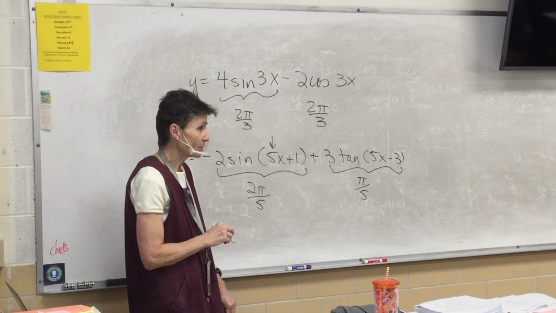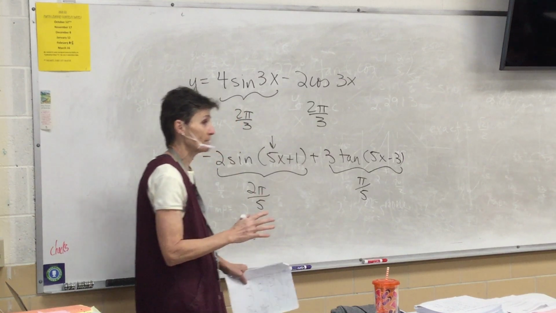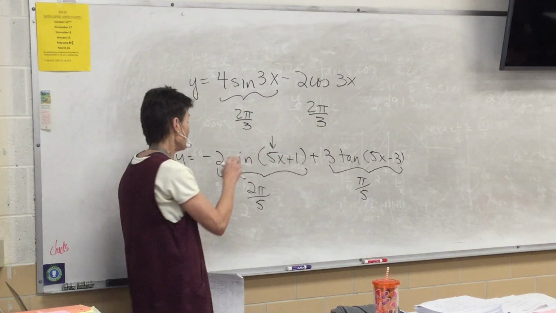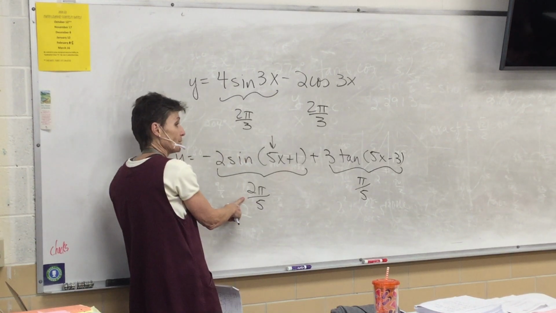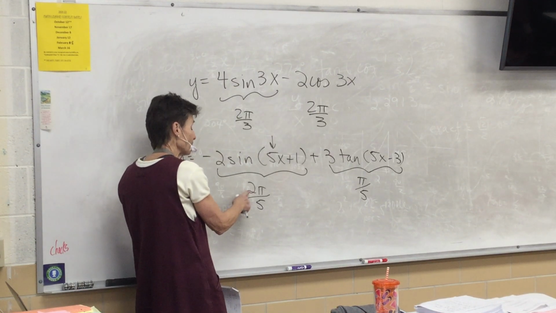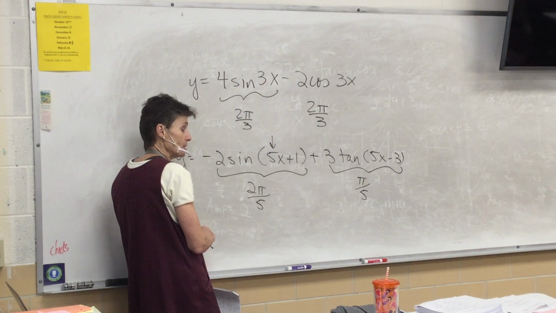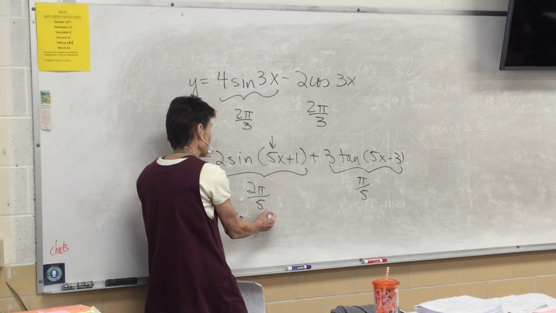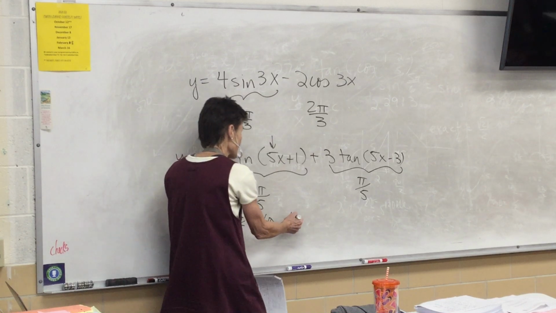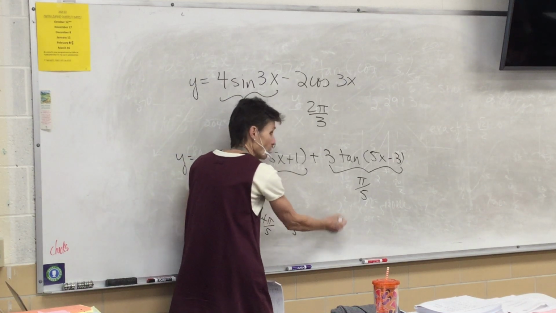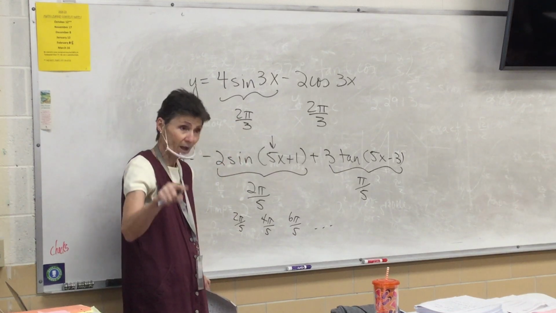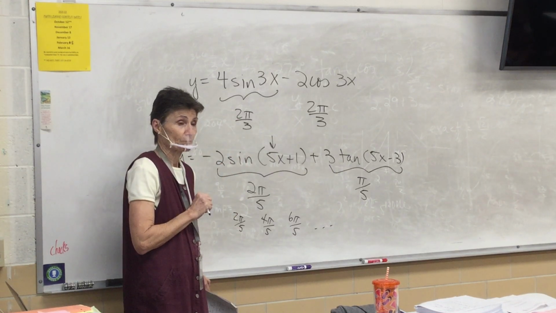However, it is periodic. It does have a period. The whole problem has a period. This one repeats itself every 2 pi over 5. So it starts over again at 2 pi over 5, 4 pi over 5, 6 pi over 5, and so on. Every 2 pi over 5, it repeats.